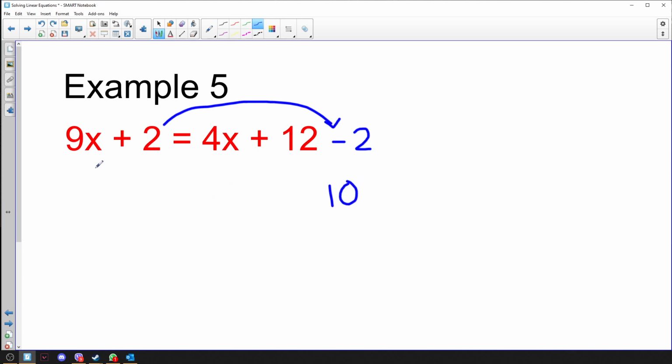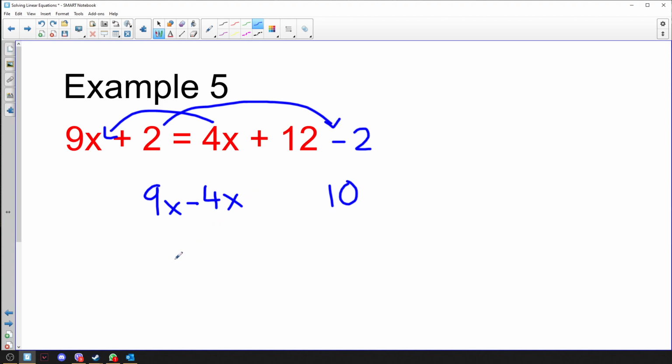Now, I want to bring this 4x. It's a positive at the moment. I'm going to bring it to this side because I want my like terms to be on separate sides. So I want my x with my numeral to be on this side, and my number just here. So 9x minus 4x, because when I bring it over, it changes to a negative.